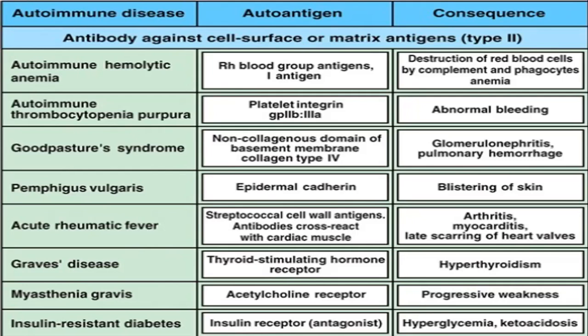Then we have autoimmune thrombocytopenic purpura, wherein there are defective glycoproteins embedded in the surface of the platelets.